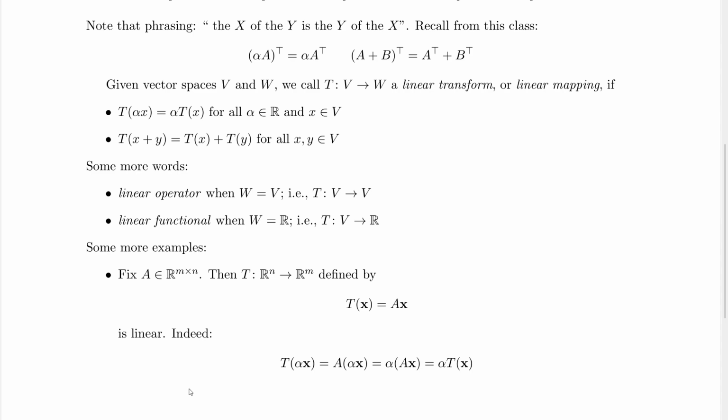So scalars can be pulled out, and likewise we can verify that additions behave. Right, because there you'll have the matrix times the sum, and we know that matrix multiplication distributes over addition.